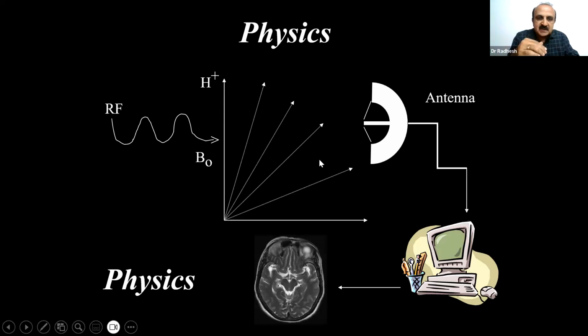These hydrogen protons are not still, they are spinning, they are precessing, at what is known as the Larmor frequency. And depending on that frequency, the quantum of the radio frequency pulse which hits these protons is decided by the magnet, not by us. The magnet itself decides automatically and gives a radio frequency pulse.